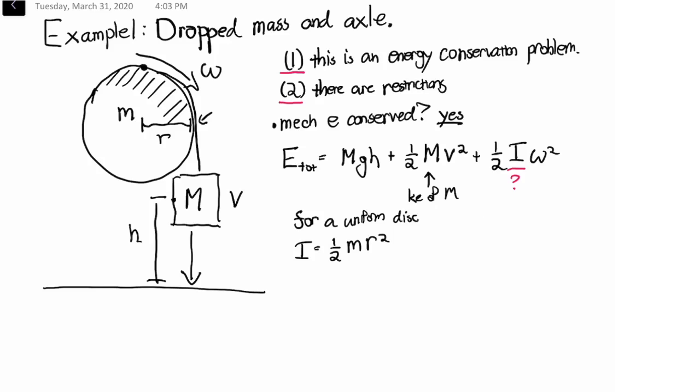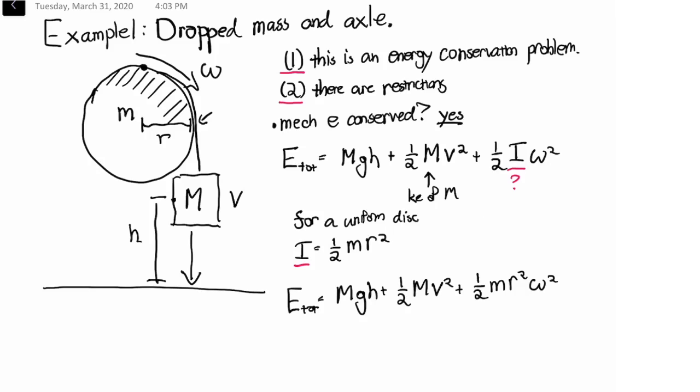So then if we plug this value in here, now the total energy becomes mgh plus 1/2 m v squared plus 1/2 m r squared omega squared.